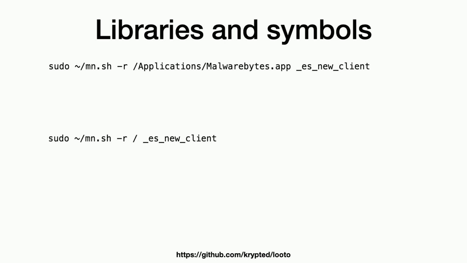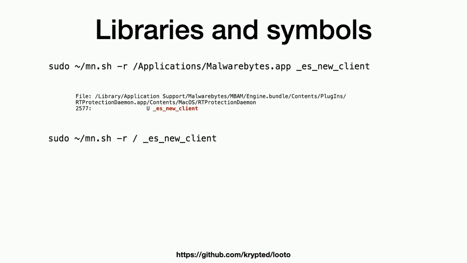So in this case, if I use that, which is just recursively doing nm, then I see, even though Malwarebytes wasn't loading an extension, they're still calling the Endpoint Security framework, which I mentioned earlier you can just do from a command line.